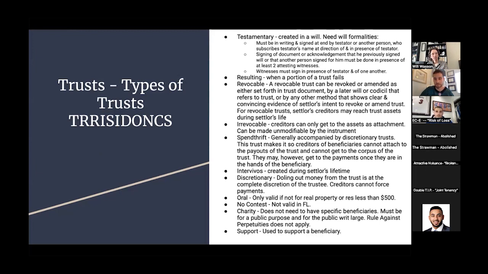You need a settlor with intent to create a trust. You need trust res, so property that is actually in possession, ascertainable beneficiaries, a valid purpose. Legal purpose, yeah. Which one am I missing? I'm missing one, right? You said a trustee and ascertainable beneficiaries?